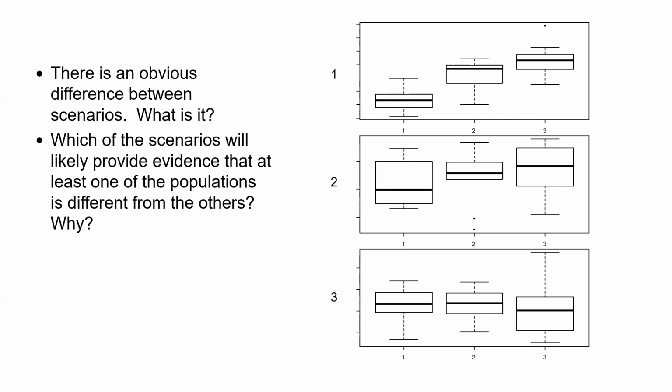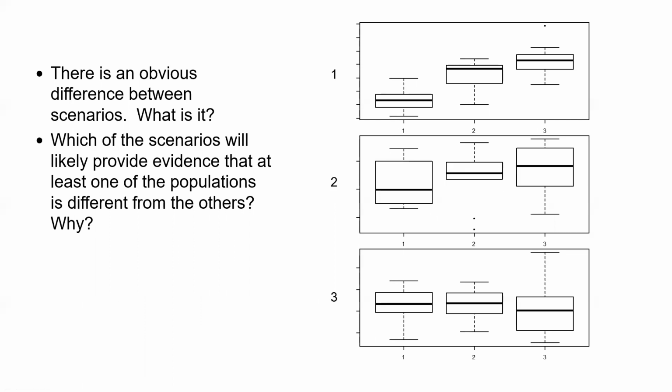So let's suppose I have 3 different studies. Study A, I should have called this A, study B, study C, and in each of these 3 studies, we're comparing 3 different treatments, 1, 2, and 3. There's an obvious difference in the results of each of these 3 studies.